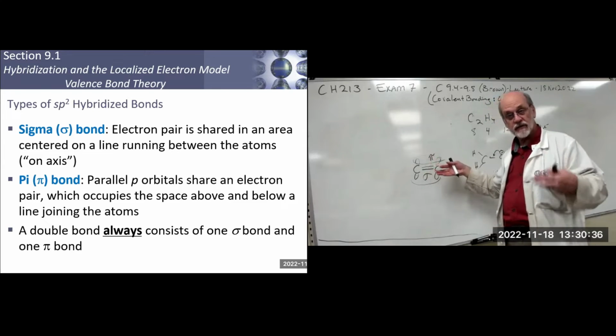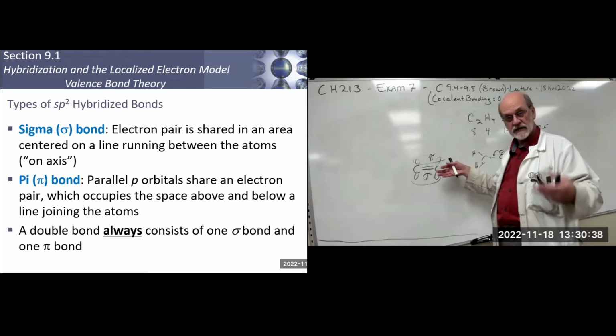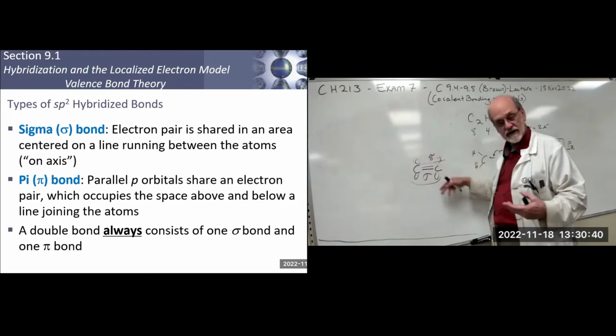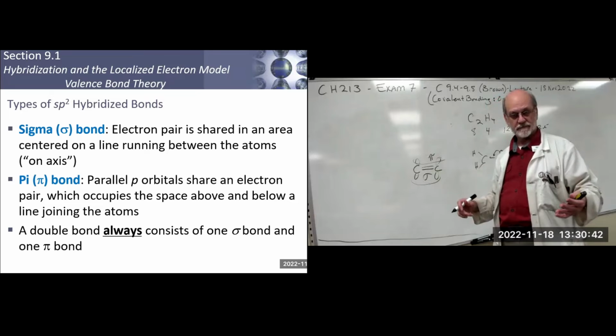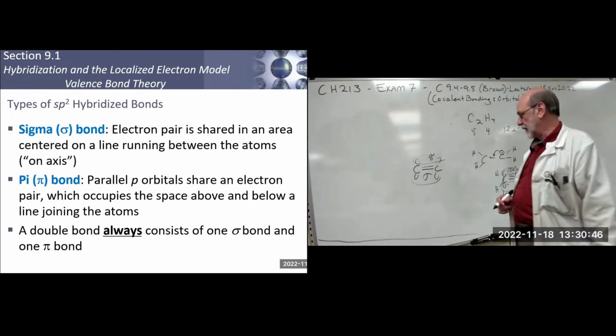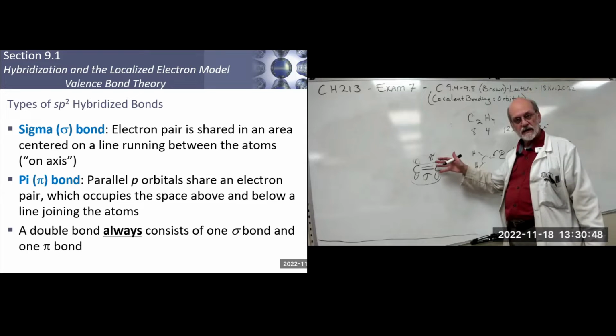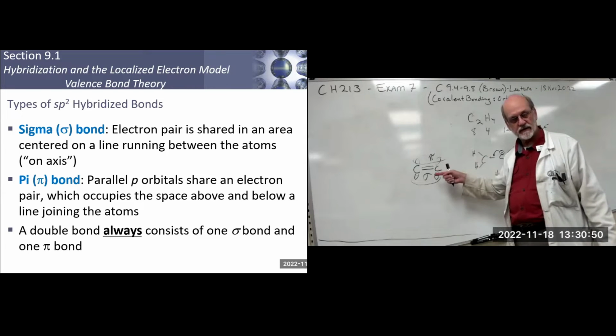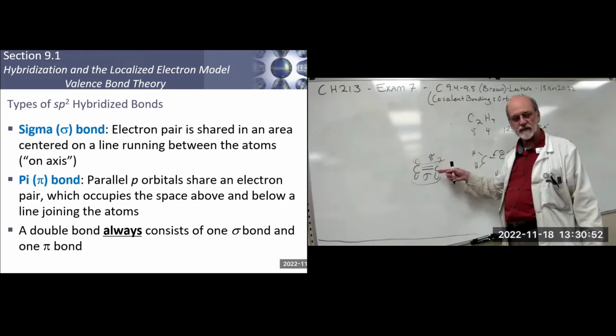But it was not double the strength. And it wasn't double the strength because the pi bond itself is weaker than the sigma. Whenever you have a pi bond, you first have to have a sigma bond. You cannot have a pi without a sigma first.